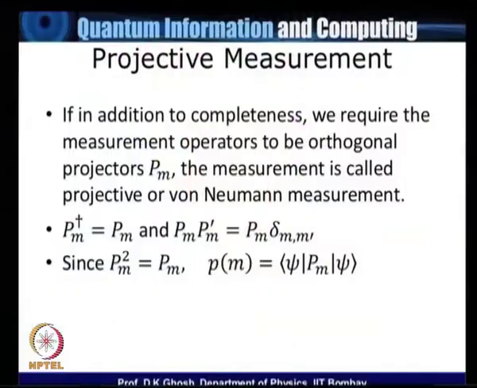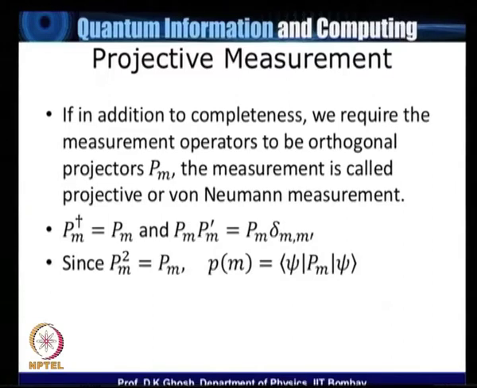Now remember, completeness is there for any type of measurement, because your list of measurements must exhaust all possibilities. Now suppose I make another demand, that these measurement operators are actually orthogonal projectors.